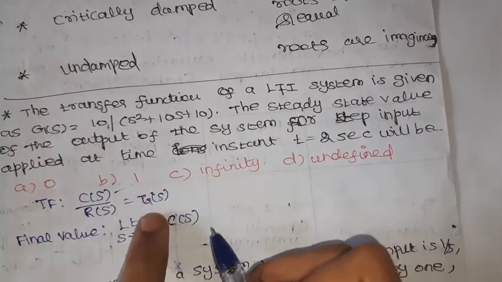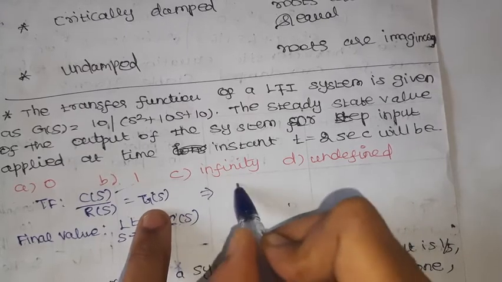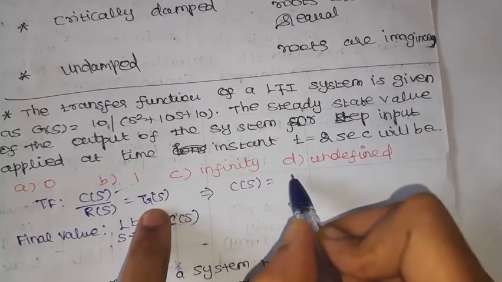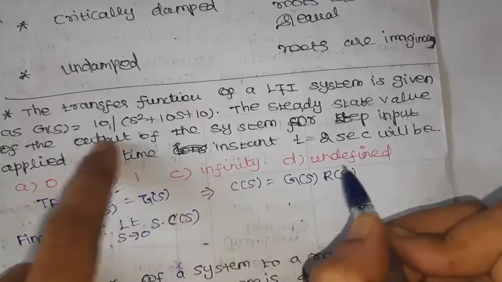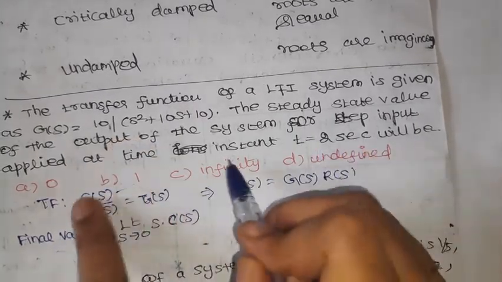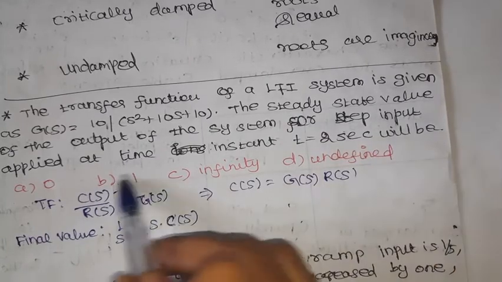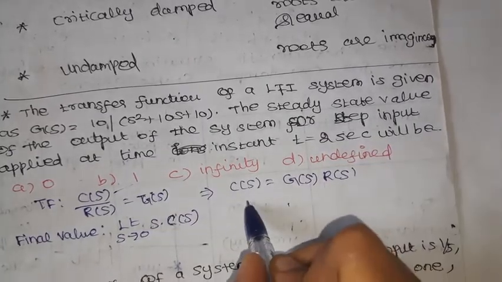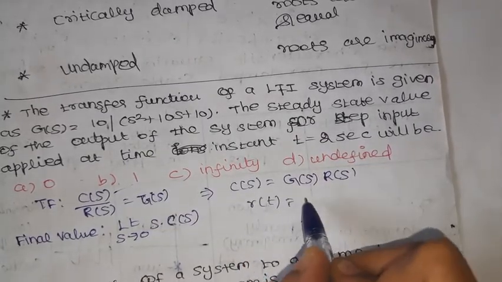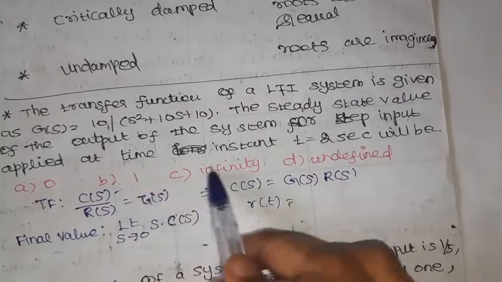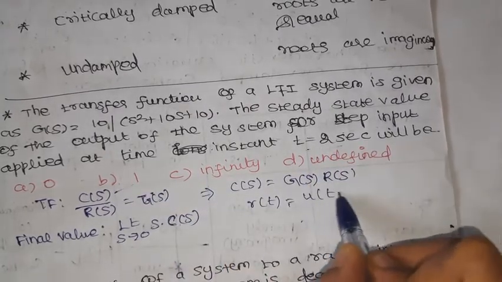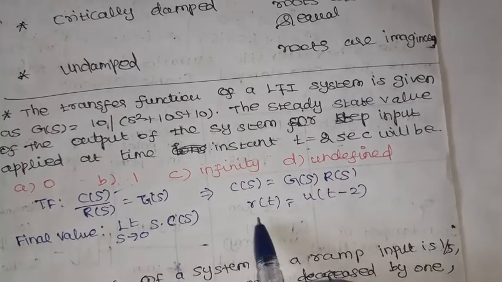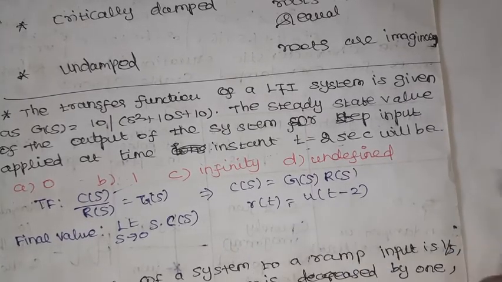G of s is given, so C of s is G of s into R of s. What is R of s here? For a step input applied at time instant t equal to 2 seconds, a 2 second time delay, R of t is u of t minus 2.